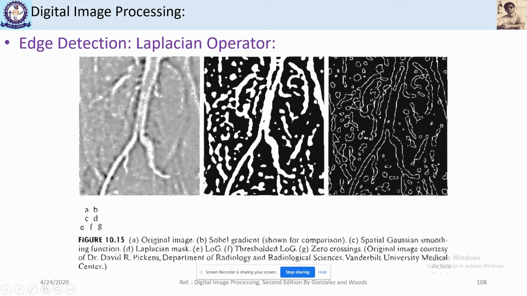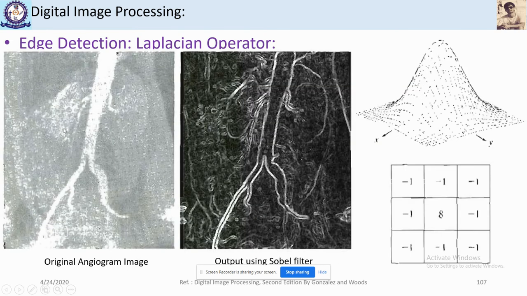So when we cross a transition from black to white, that means there is a zero crossing available at that particular pixel element. So that is what we have achieved here, and this also gives us the edges of the original image.